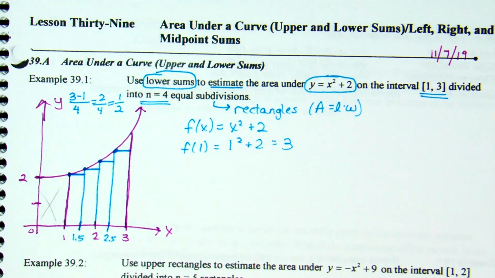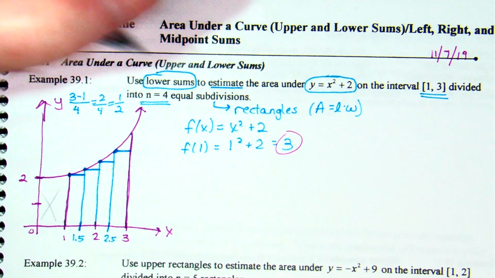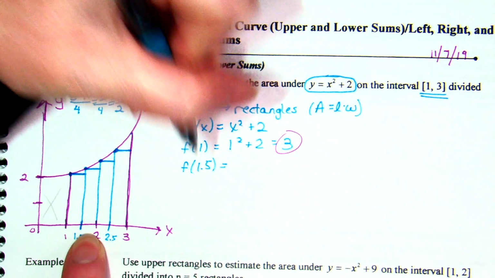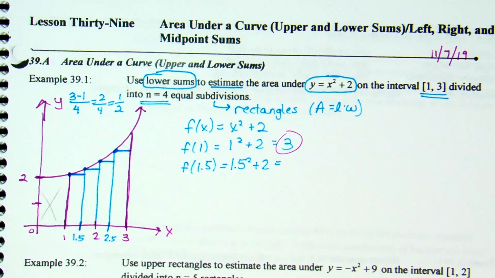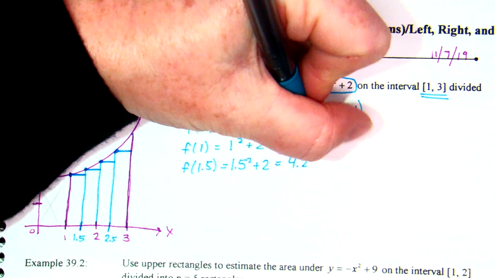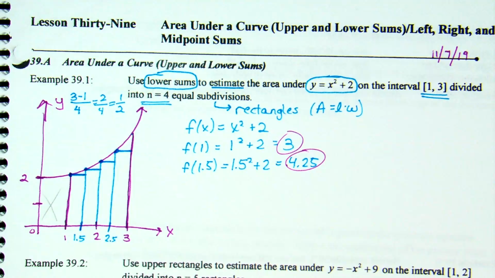So that's one number I need. Then I need to find each of these, right? Yes, I'm writing them out. F of 1.5, so whatever 1.5 squared plus 2 is. Has anyone done the math or do I get to do it? 1.5 squared is 2.25 plus 2, 4.25.